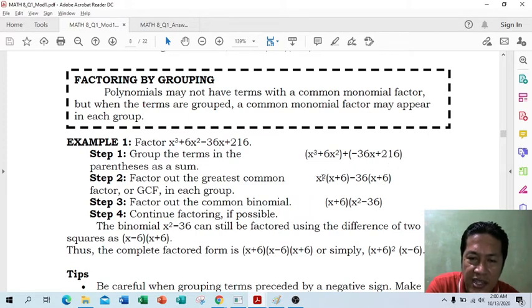So we have x squared times the quantity x plus 6, minus 36 times the quantity x minus 6.